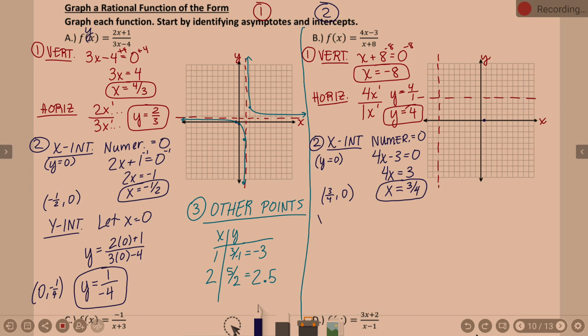Y-intercept. How are we finding y-intercept? Let x equal 0. Y-intercepts happen when x equals 0. X equals 0 is an easy thing to do, right? Plug it in. So y equals 4 times 0 minus 3 over 0 plus 8.